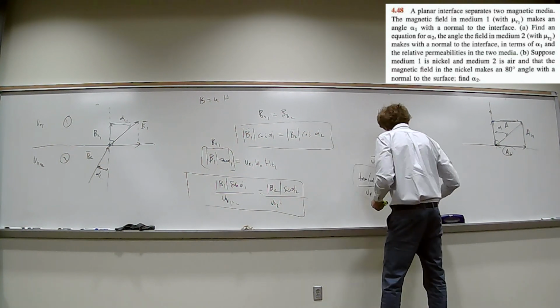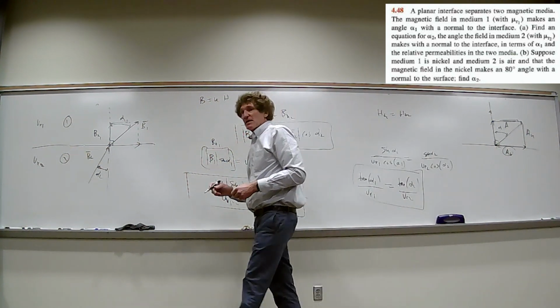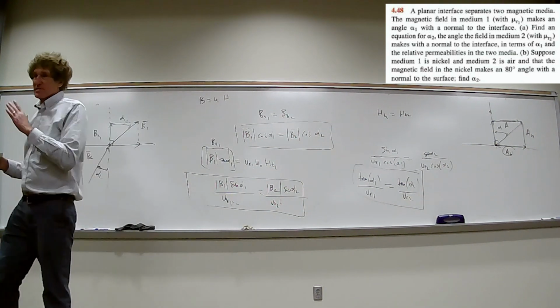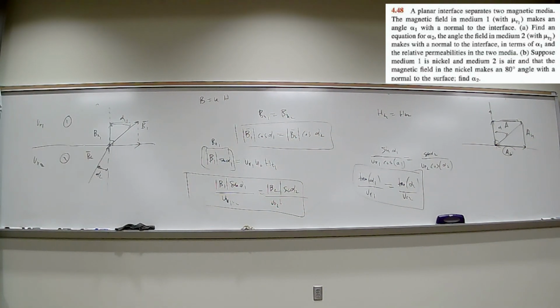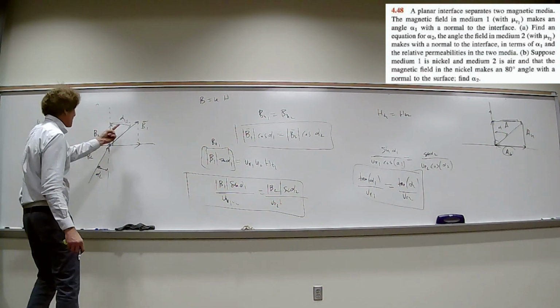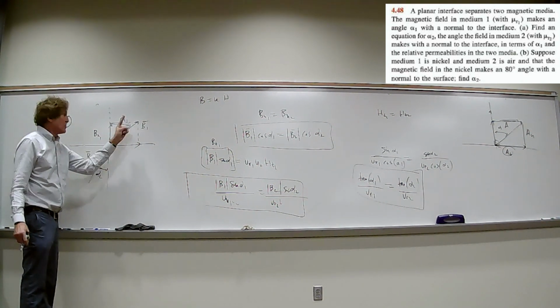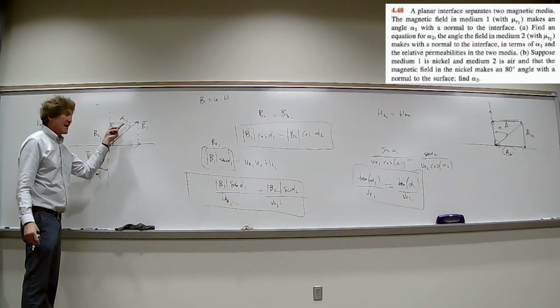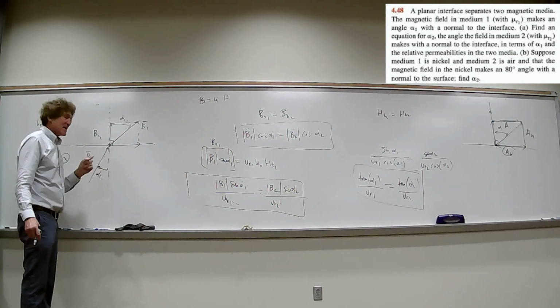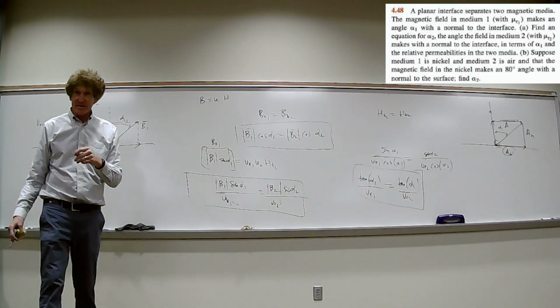Here's the reason I'm saying that. Instead of going through a long process of getting the projections and then going through the math, if you have a B field here, and you know mu relative 1, mu relative 2, and that angle, you can get the second angle. Y'all with me, class?